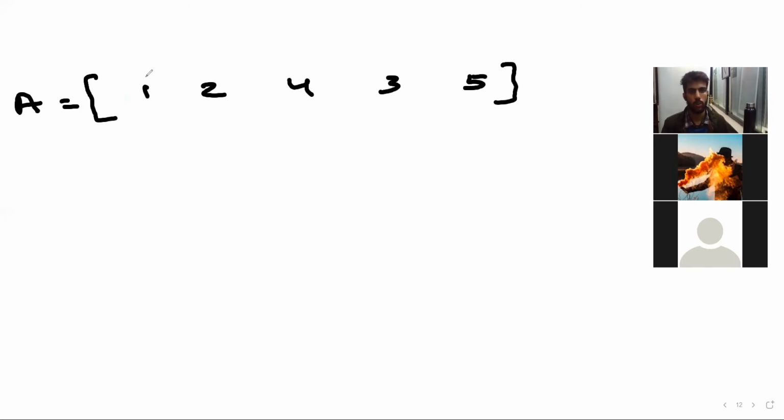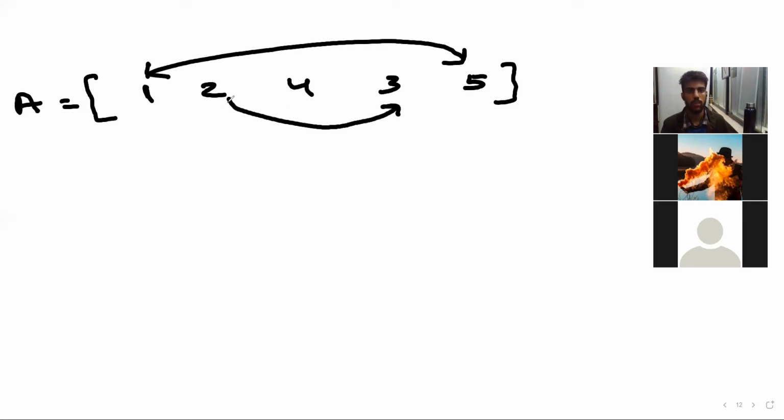Initially we just copied the elements in reverse order into another array. But in this approach, we would be swapping the initial elements with the elements from the back. And if the number of elements is odd, the middle element would be swapped with itself. So let's try to write code for this.